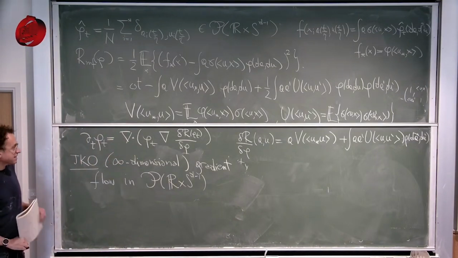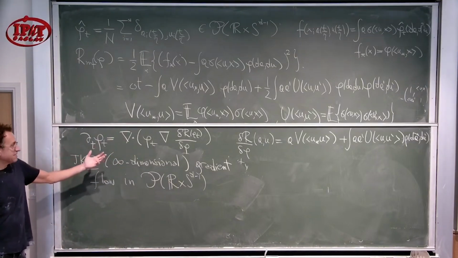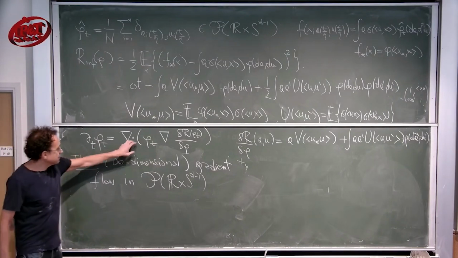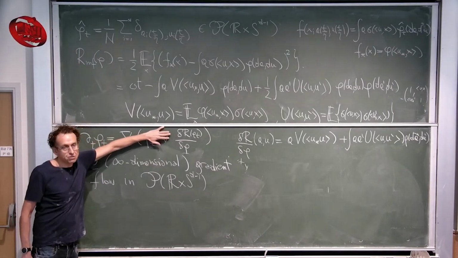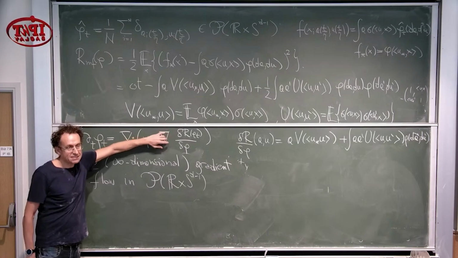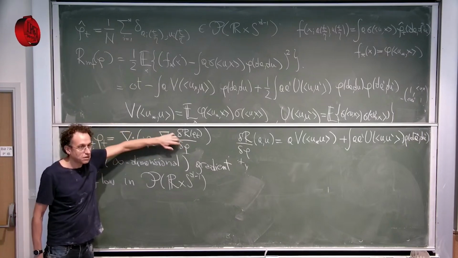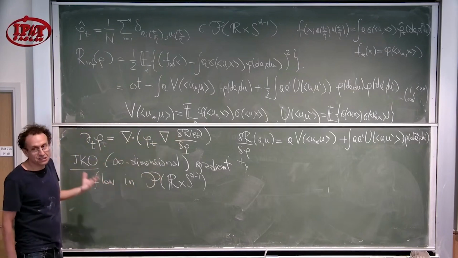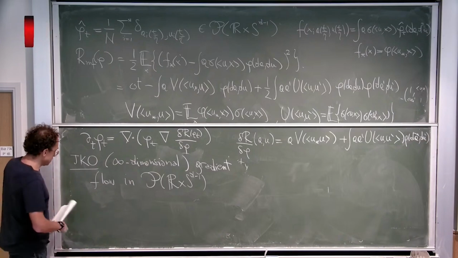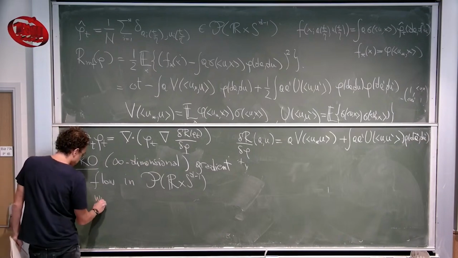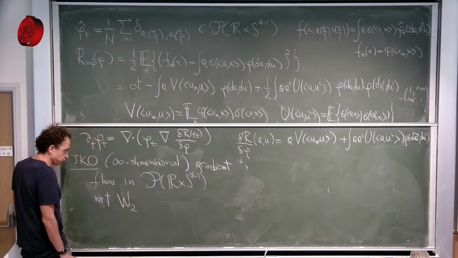But you see, it's not a gradient flow in an obvious way because it's not a derivative. The gradient of a function in the space of probability measures would be something just like this and here. This is not the gradient, this is the gradient. So it's not a gradient flow in the obvious way, it's a gradient flow in a special metric, the Wasserstein-2 metric.